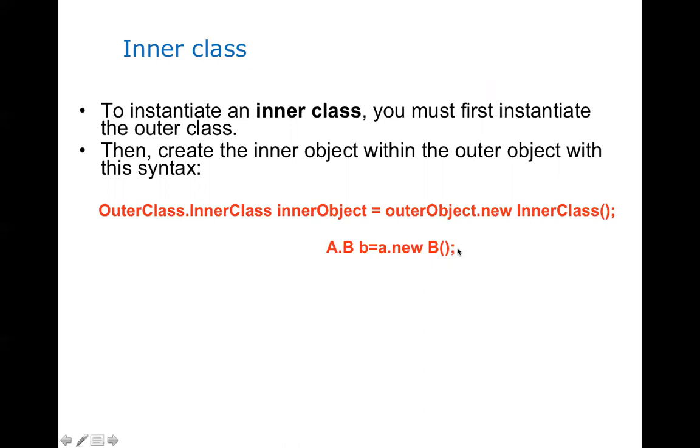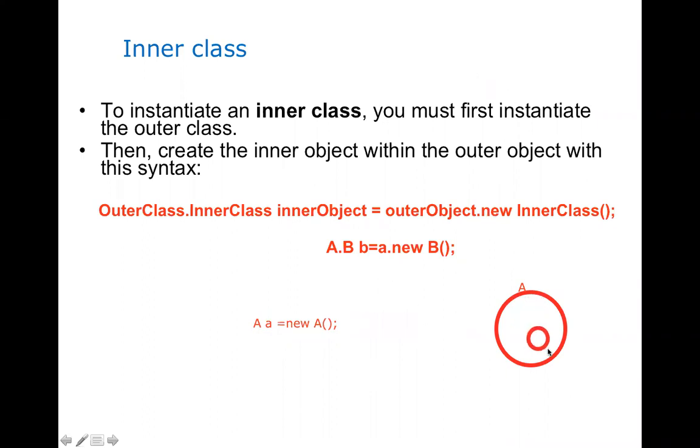So this is something like this. Let me draw. Here you have the outer object first initially created. In order to create that, we simply say A a = new A(), and now a will be referring to this outer object. So this outer object actually is object A, right? Now whenever you have to create an inner object, it will be A.B b = a.new B(). So now we have the inner object that is created.